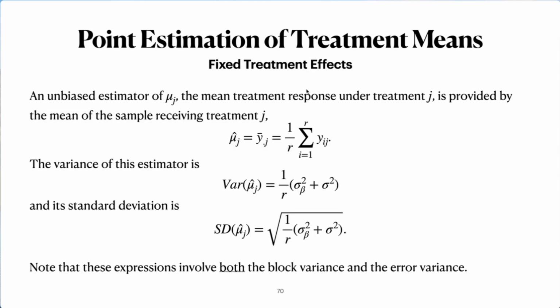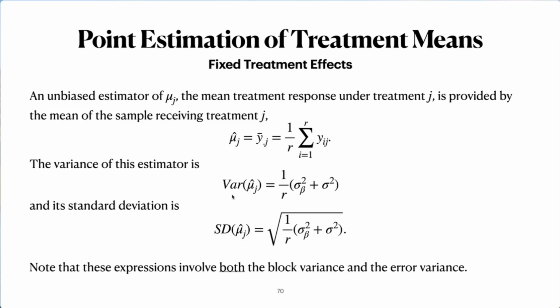Again, this is a random variable. It's a statistic computed from a sample, a function of the sample, so it's a random variable, and that random variable has a probability distribution. One of the characteristics of that probability distribution is its variance, and that's what we're talking about here.